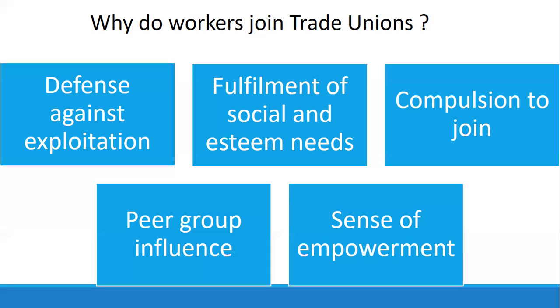So defense against exploitation by the employer is one reason why workers join trade unions.